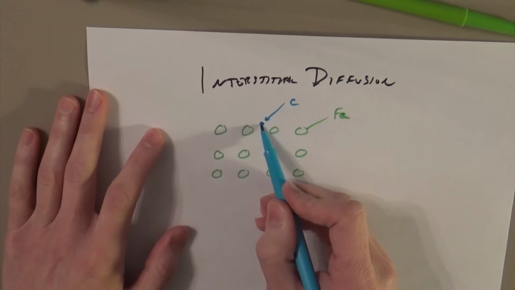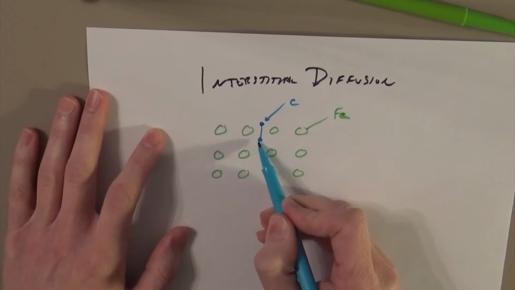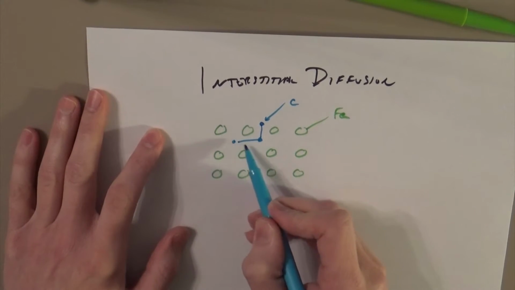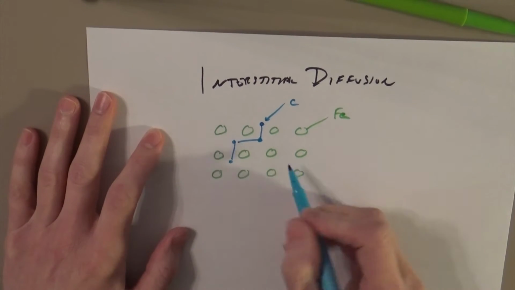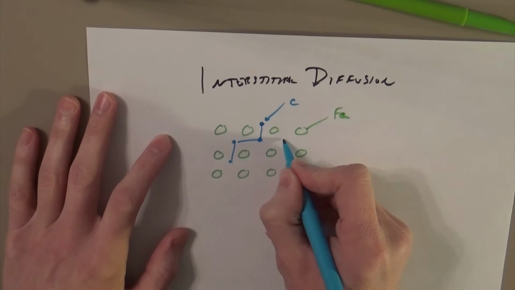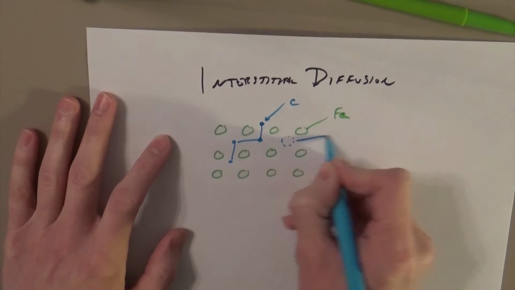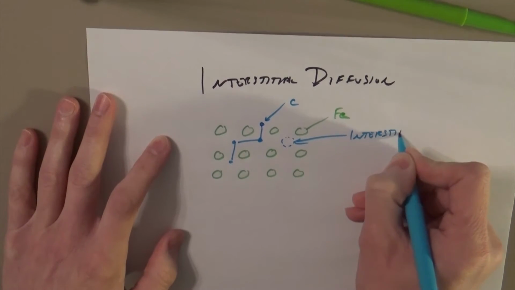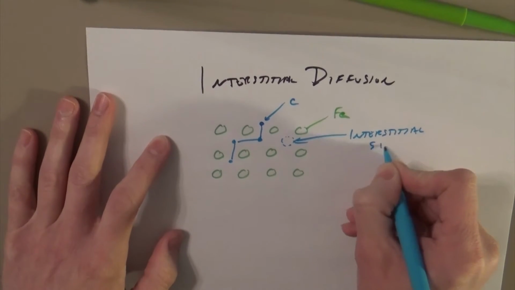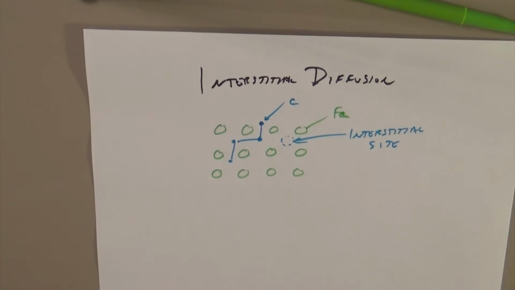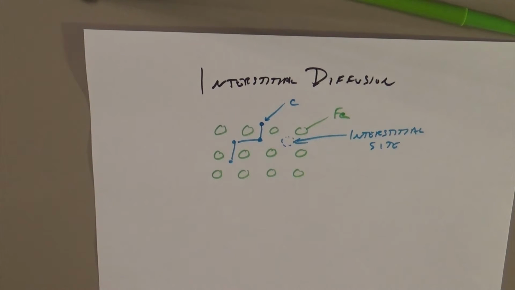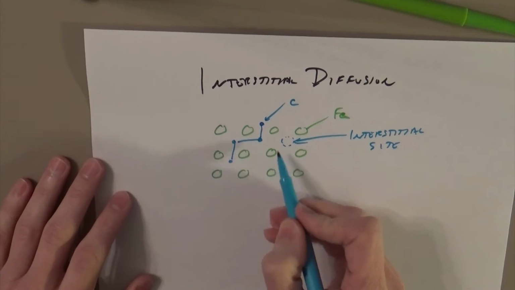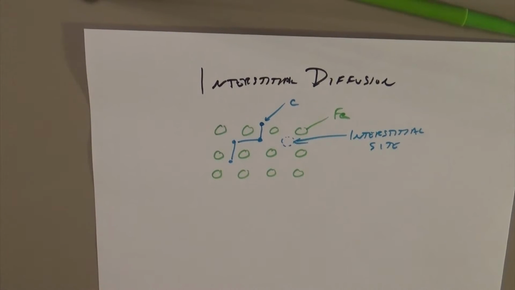Well, that means that this can hop between interstitial sites. So these sites between the atoms are the interstitial sites, and they give us opportunities for smaller atoms to diffuse through.